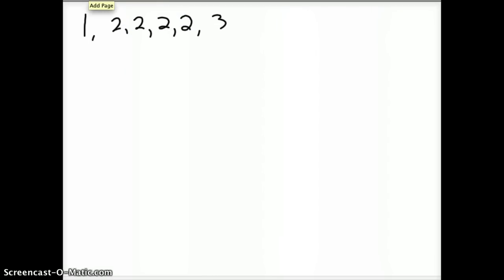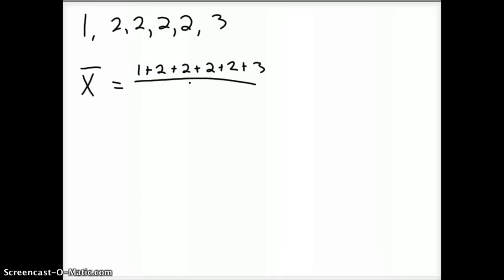To find that, first off we find our mean, which is the same as we've always done. You add them together, divided by, there are 6 of them. You add all those up, divide by 6, you get 12 over 6, which is 2. So there's your sample mean. And then your sample variance, S squared, would be like what we did for variance.